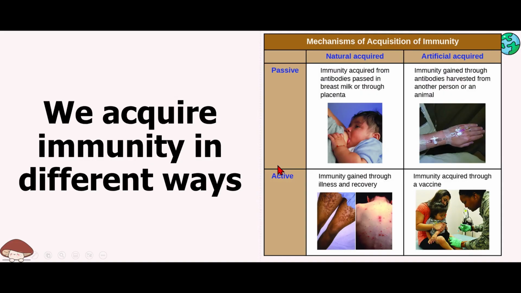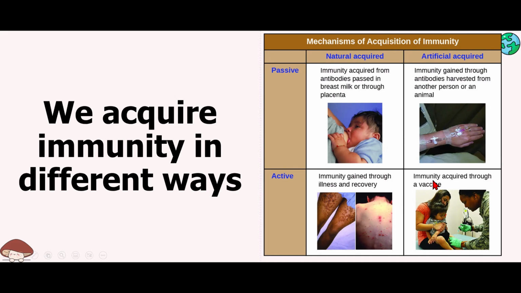Okay. And then there's active immunity. Active means that you yourself are making your own antibodies. And so there's the natural way where you get sick and then you recover and your body makes antibodies. That's just the normal way of doing it. But then, of course, there is the artificial way, which is essentially a vaccine.